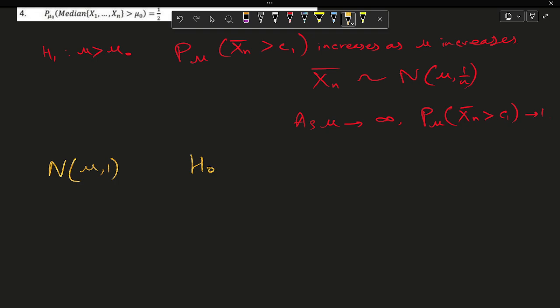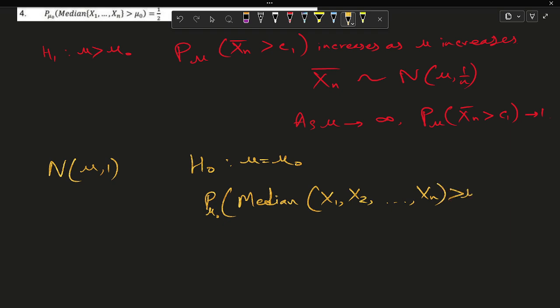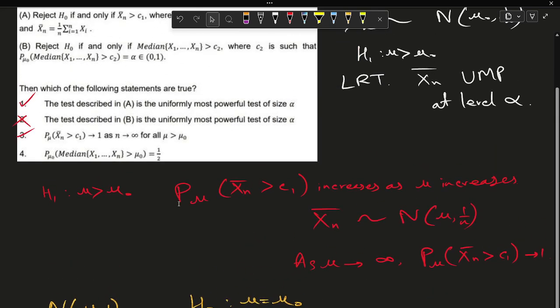Under the hypothesis H0, mu equals mu0. Then the probability that the median exceeds mu0, P_mu0(median of X1, X2, ..., Xn > mu0), is equal to half. So our statement 4 is also a correct statement of this question.